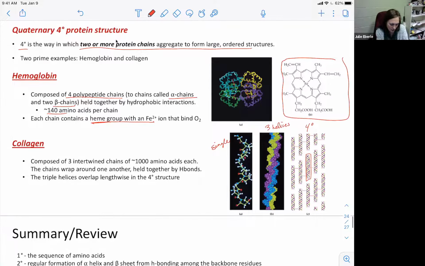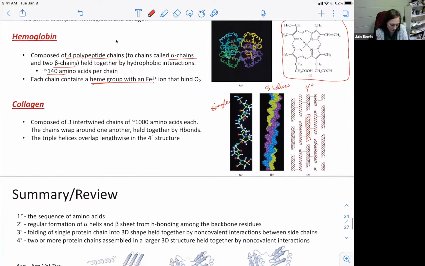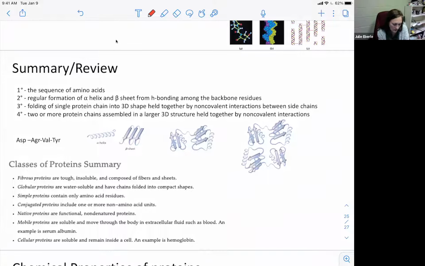Those are just examples. Let's do a little summary. Primary sequence is the amino acids and their order. Secondary structure is the alpha helix and the beta sheet, held together by hydrogen bonding. Tertiary structure is the folding of a protein chain. You can have a combination of alpha helix and beta sheet, but it's held together by non-covalent interactions: the salt bridges, the hydrophobic interactions, and the hydrogen bonding between side chains.